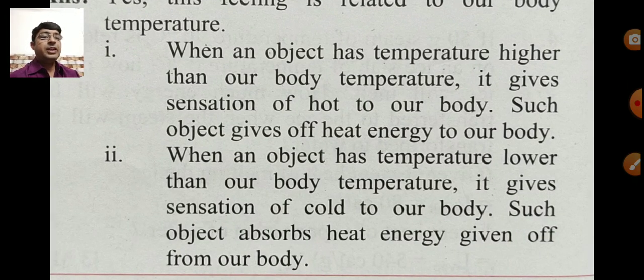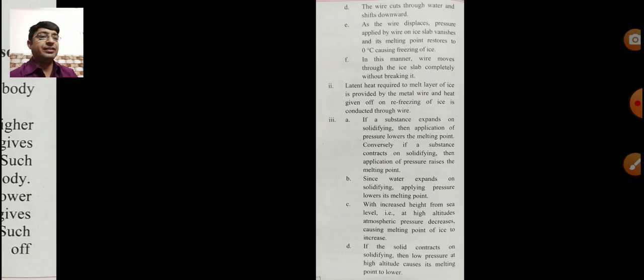Second point: when an object has a temperature lower than our body temperature, meaning less than 37 degrees Celsius, it gives a sensation of cold to our body. Such objects absorb heat energy given off from our body. A very simple concept. Next.